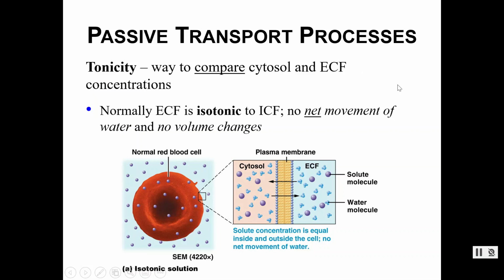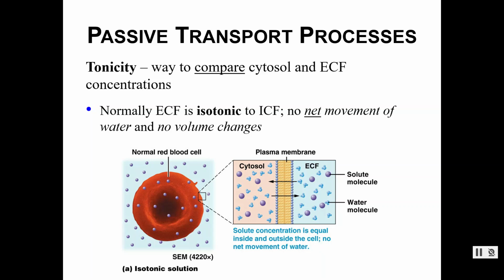Now, why do we make a big deal out of this? Because, you know, your body's got a lot of water in it, and it moves around all the time. When we talk about osmosis, we're usually talking about tonicity, okay, which is a term used to compare your intracellular and your extracellular fluid concentrations.